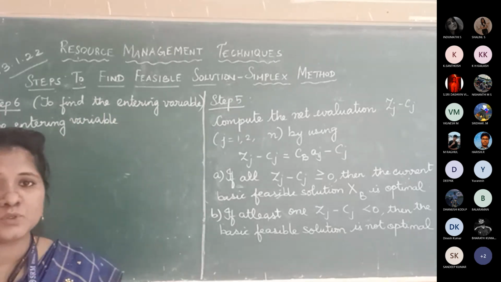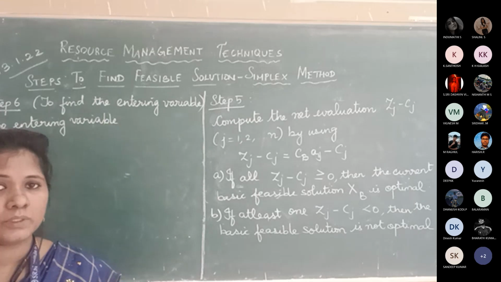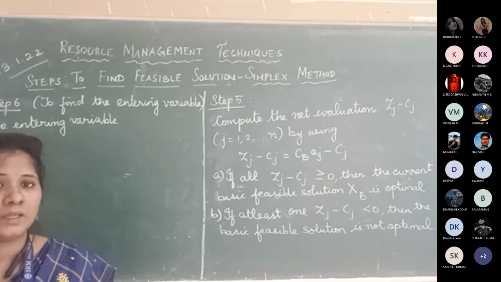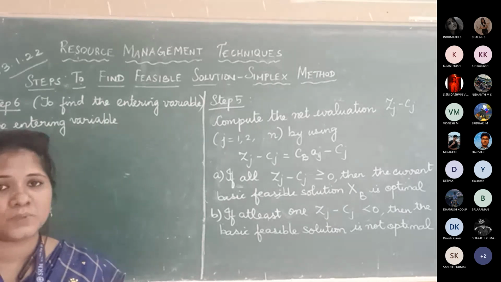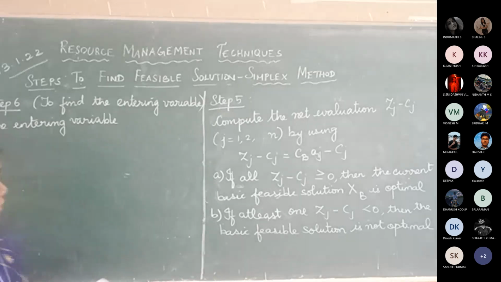If you have the steps, you will be able to understand. So please write it down, otherwise you won't understand the simplex method. Each step is very, very important. So write it down.